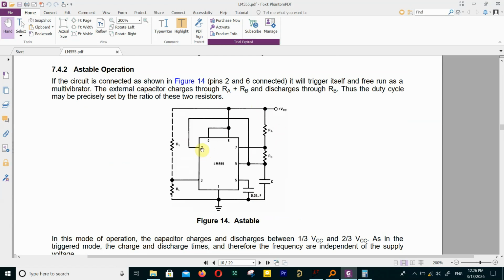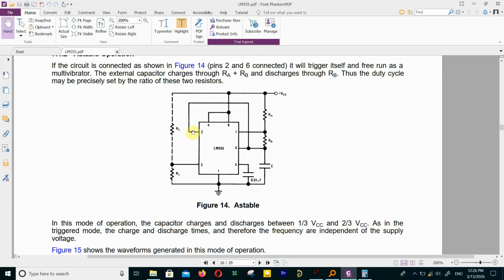The important nodes are pin number 2, which is the trigger, and pin number 6, which is the threshold. You have to connect these two together to produce astable operation, and in this operation the capacitor charges through RA and RB, and discharges through RB.